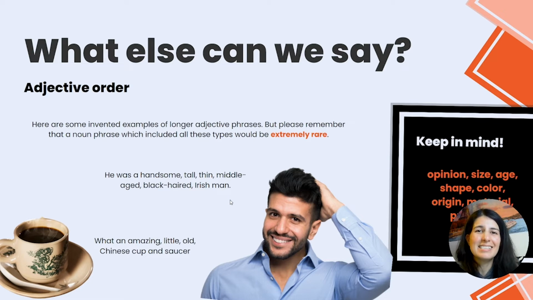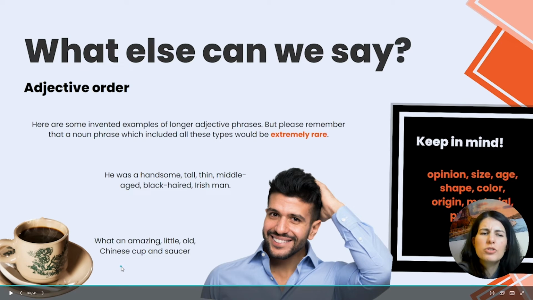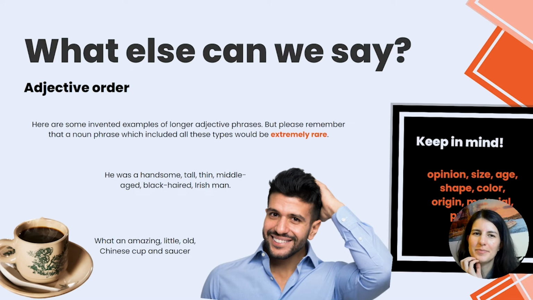Yes, that is a sentence, and that is grammatically correct in English. Also things like, what an amazing little old Chinese cup and saucer. These sentences, despite being so long and so filled with adjectives, might sound a little weird to you, right? But despite that, they are completely correct.